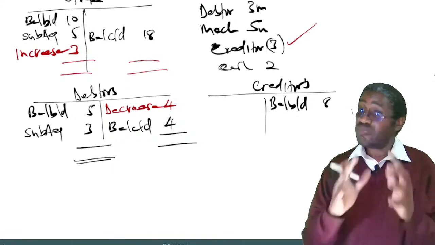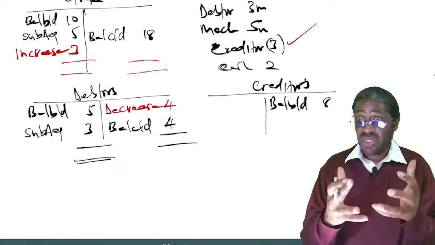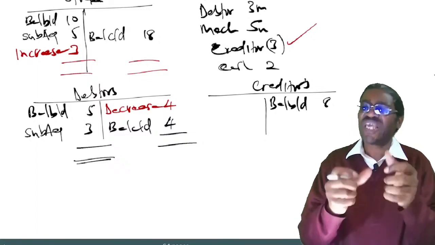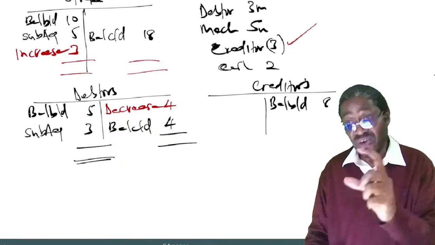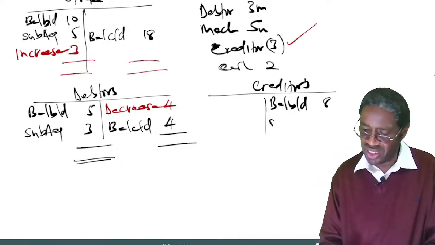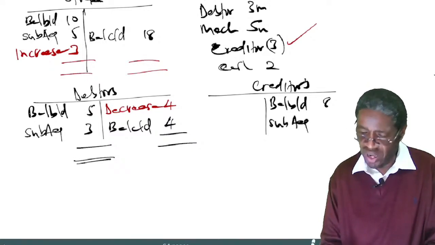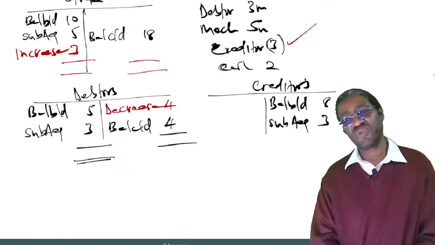Listen, it means that the creditors of the group must have gone up. So you come and credit and you say your subsidiary acquired. The subsidiary that we acquired came into the group with a bunch of 3 million.